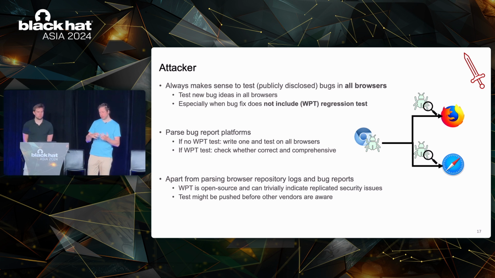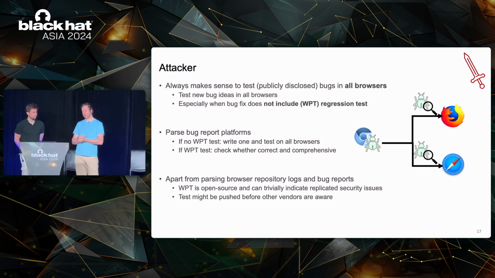And next to looking at the browser bug reports, we can also look at the web platform tests and use that as a sort of inspiration to find new types of bugs. So we can take a test for one particular bug, make some small adjustments, and then see if this would be applicable to other browsers possibly as well, to find new bugs.